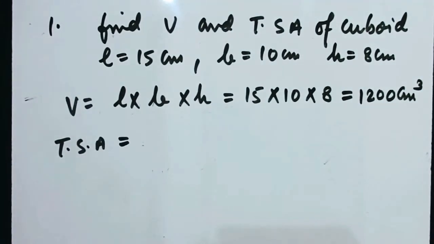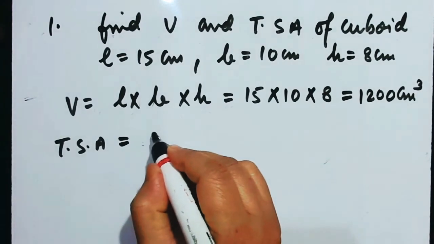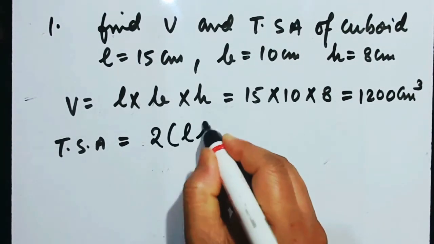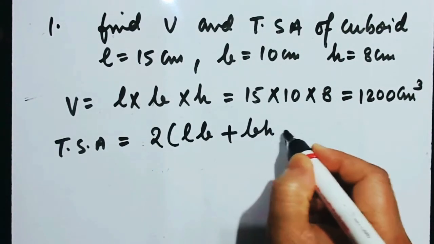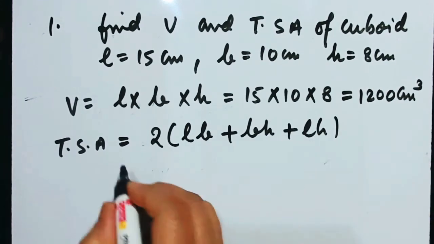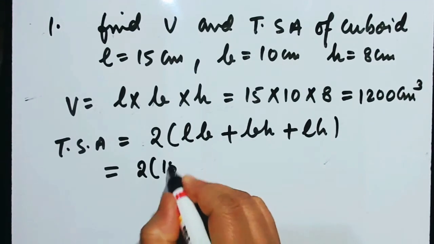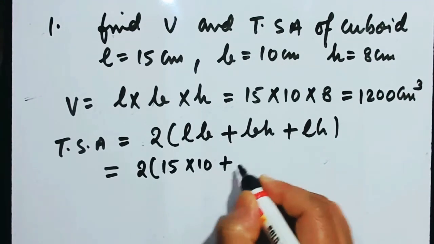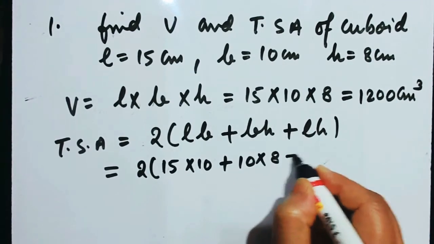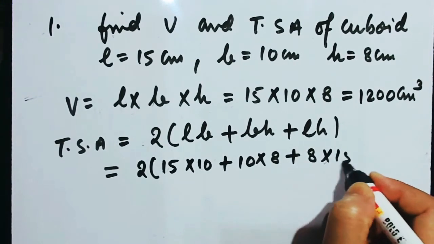So when you are talking about total surface area, let us once again write the formula 2(LB + BH + LH). Now it totally depends on the calculations. 2 into how much? 15 into 10 plus 10 into 8 plus 8 into 15.